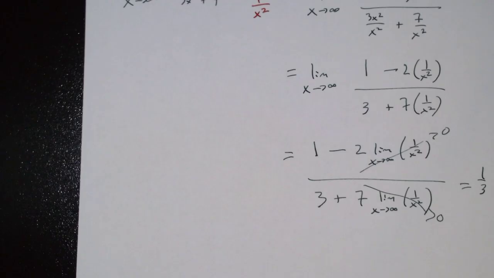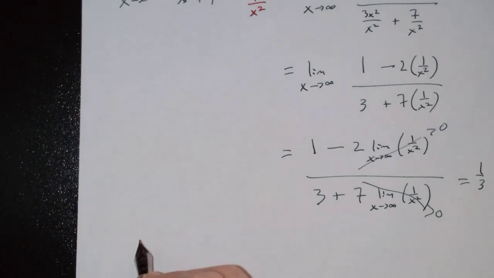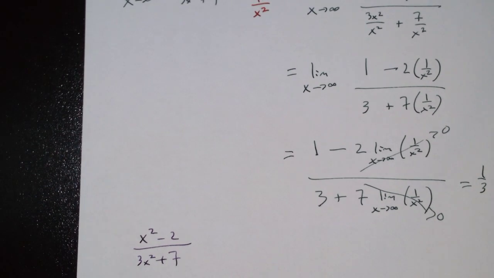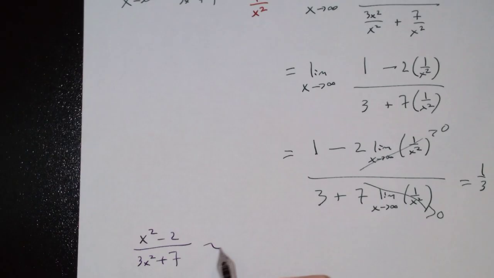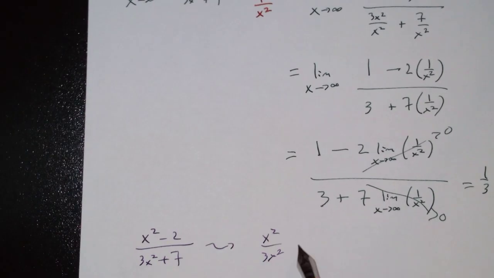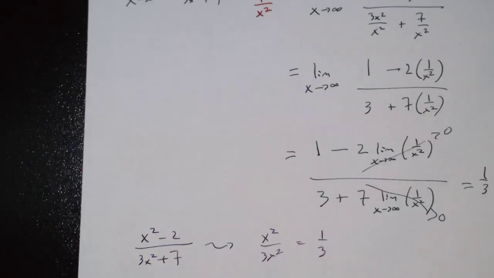It turns out that when I am dealing with a rational function, only the highest powers matter. So let me go back to the very beginning and look at this limit again. If I think to myself, I want to ignore everything except the highest powers, this kind of behaves like x squared over 3x squared, but that fraction reduces to 1/3.